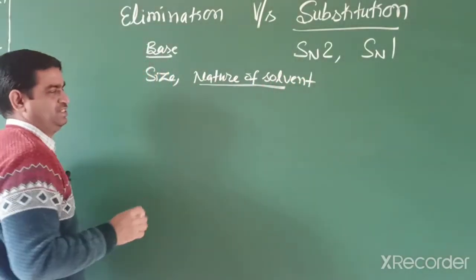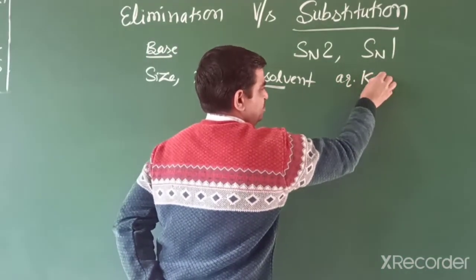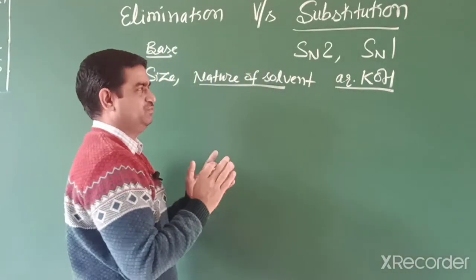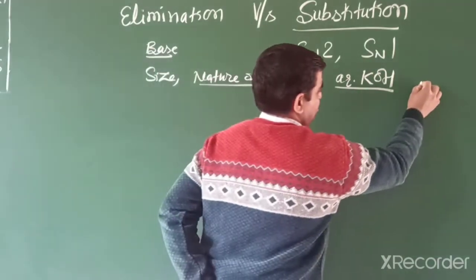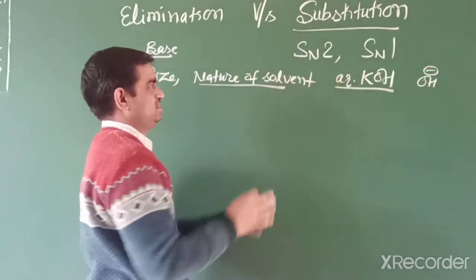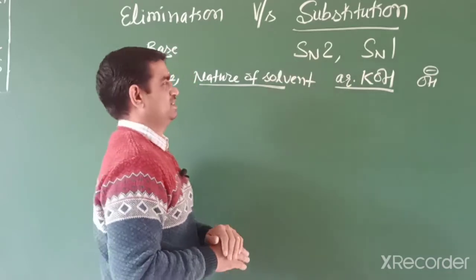What do we mean by nature? If we use aqueous KOH, then it acts as a strong nucleophile, meaning OH attacks as a nucleophile, and we get the major product by an SN2 or SN1 reaction.